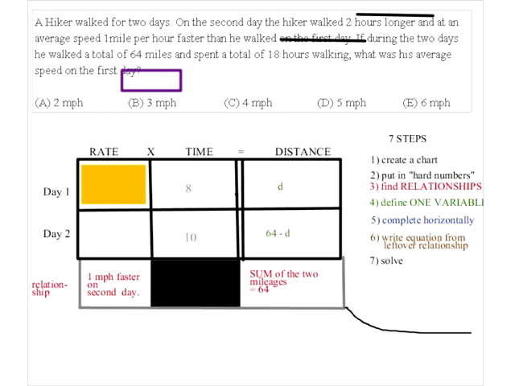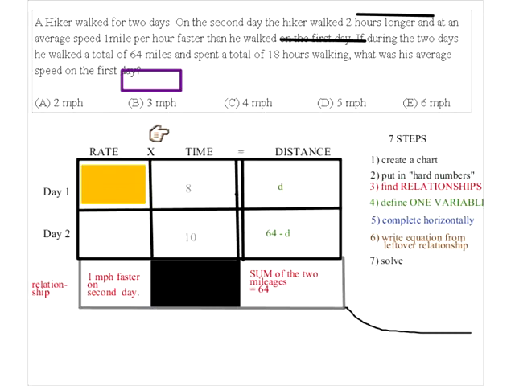Now, to complete horizontally is not as much fun here, but it's not horrible. What operation do you have to do to get over here? If rate times time is distance, and you have distance and time, then what do you have to do to find rate? Yeah, you got to divide them. If this is unclear to any of you, then just think about 4 times 5 equals 20.